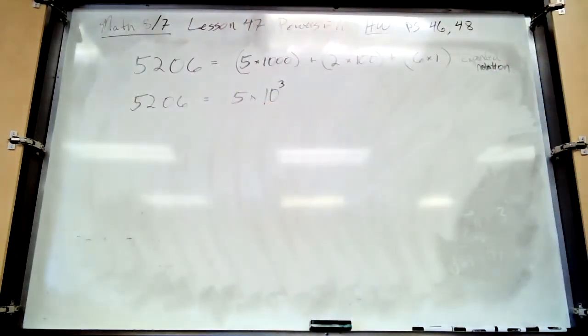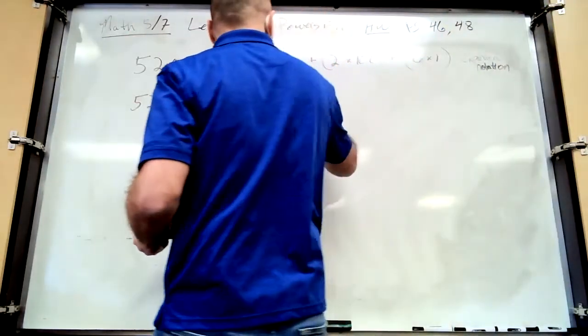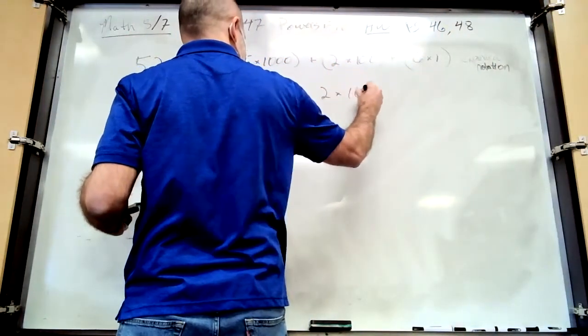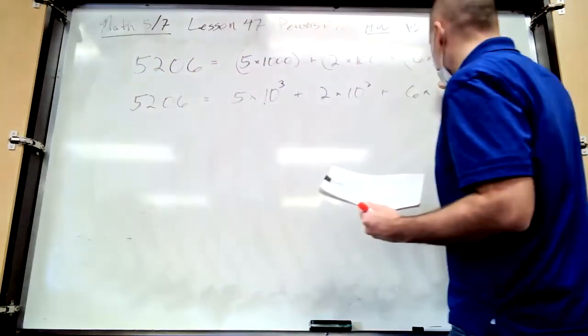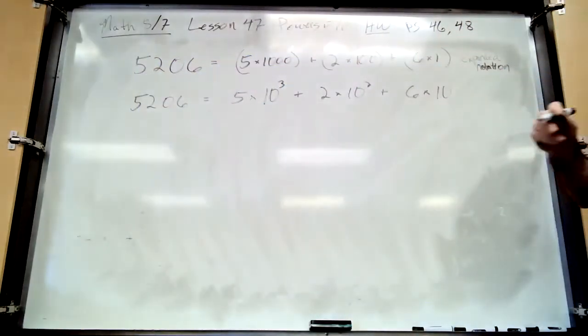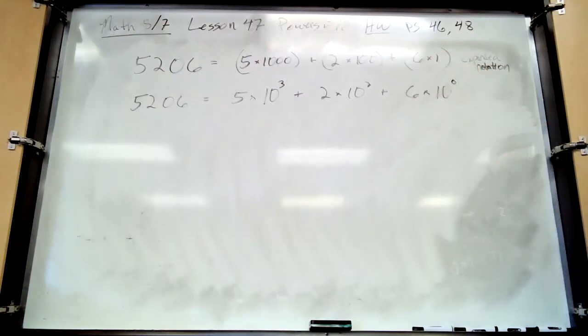So 5 times 10 to the third plus, how do you write that? 10 to the second. Okay, how do you write this? How many zeros are there? 0. So that's how you write that in exponential notation. Weird, huh? So 1 is 10 to the 0 power.